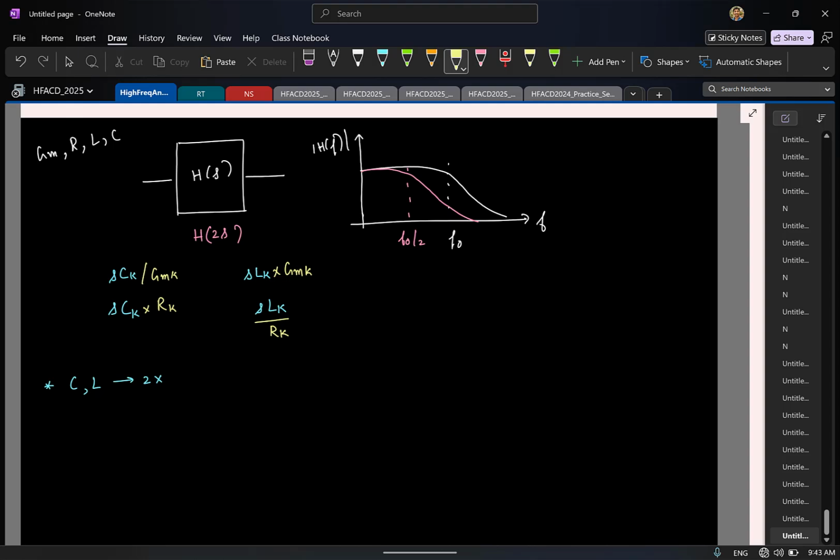So now tell me, if I don't want to touch the reactive elements, what is the other thing I can do to accomplish the same task? I'll take all the resistors and make Rk become 2 times Rk. And what about the transconductances? Oh sorry, sLk, yeah, correct. Did I make a mistake?